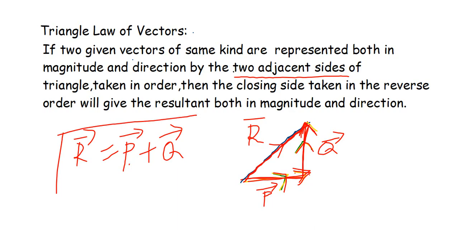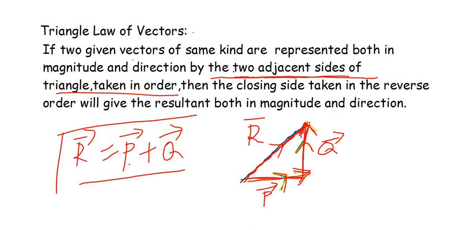In the triangle law of vectors, the resultant vector is the addition of the remaining two vectors. What is the condition here? These two vectors represent two adjacent sides of a triangle taken in order. That is the condition.